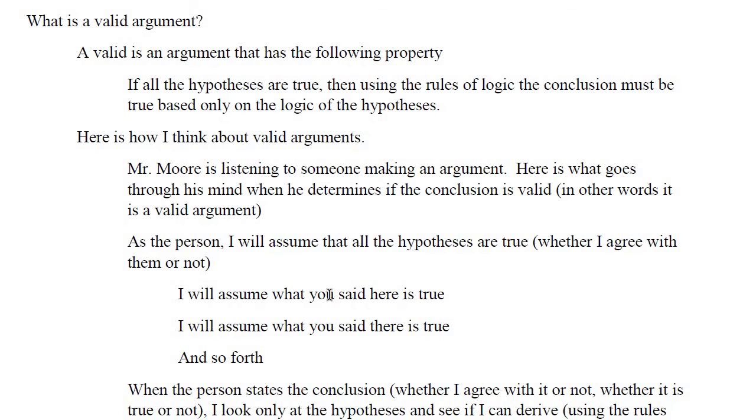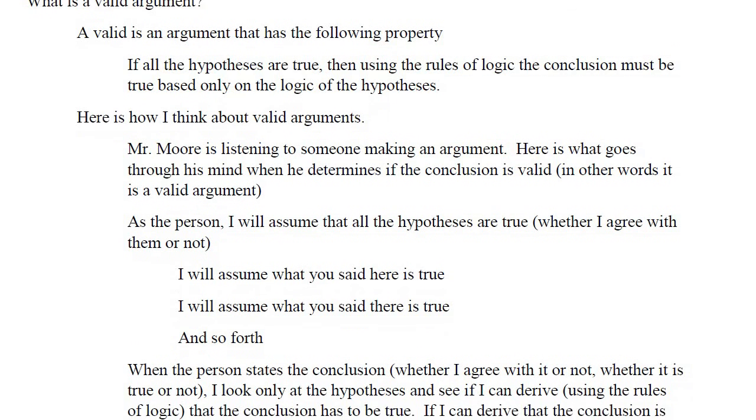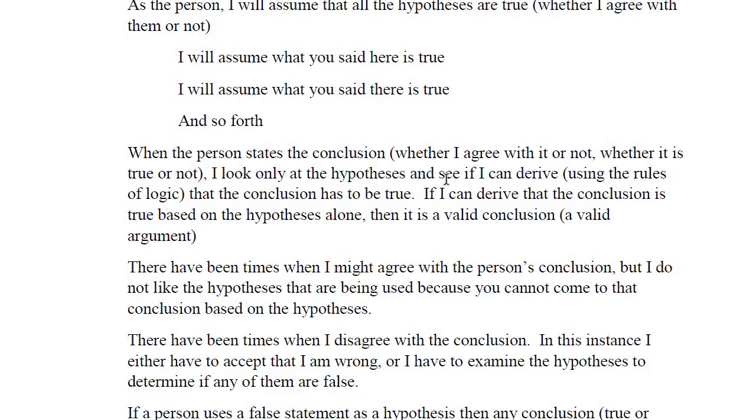So I assume what you said here is true, I will assume what you said there is true, and so forth. When the person states the conclusion, whether I agree with it or not, whether it is true or not, I look at the hypotheses and see if I can derive, using the rules of logic, that the conclusion has to be true. If I can derive that the conclusion is true based on the hypotheses alone, then it is a valid conclusion, a valid argument.